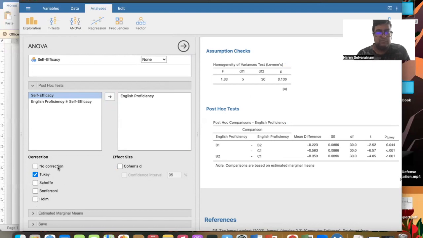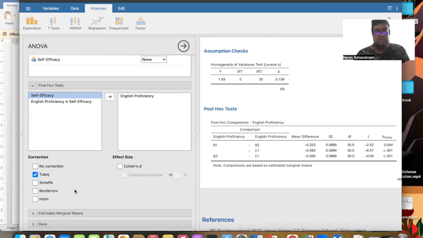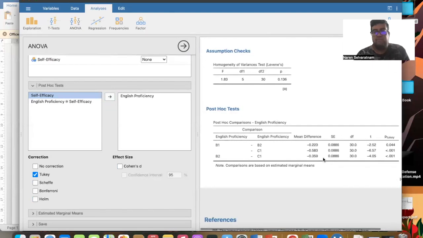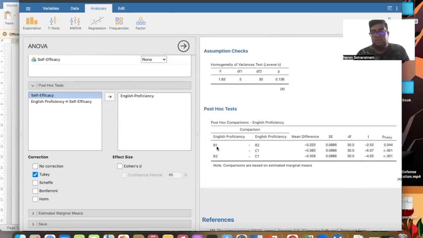Then if you need any corrections for the post hoc analysis, now I'm going to go with this. Tukey test: according to what we have done here, B1 and B2 shows a noticeable, statistically significant difference.